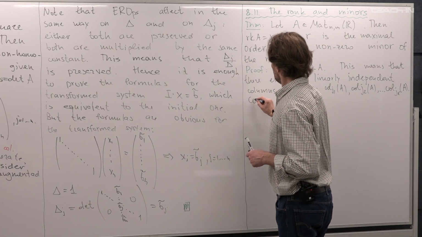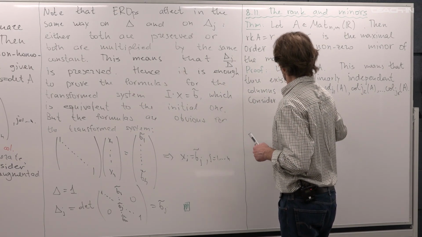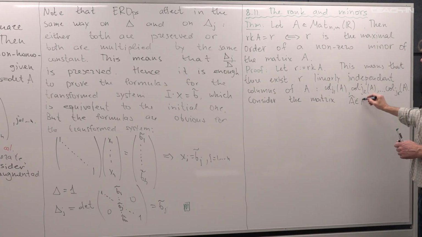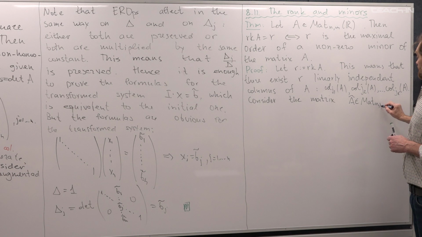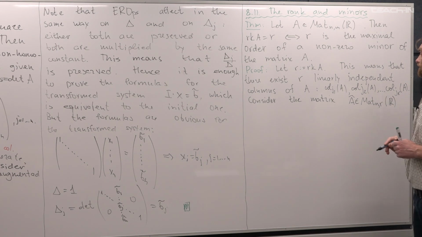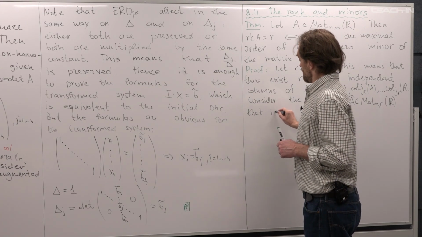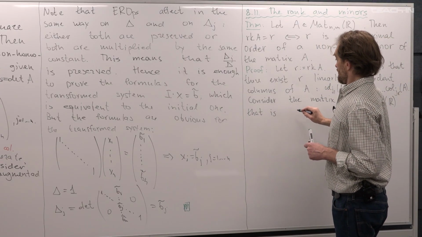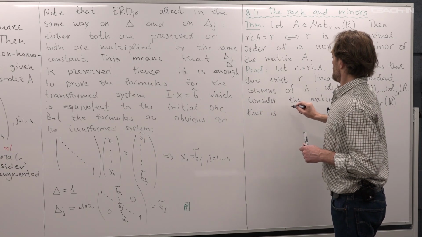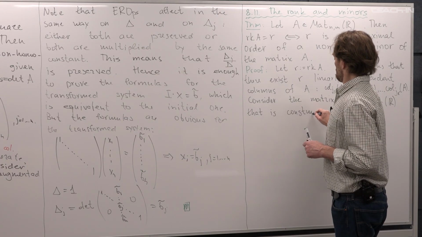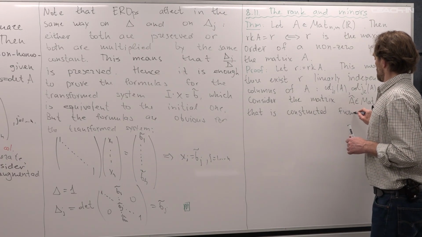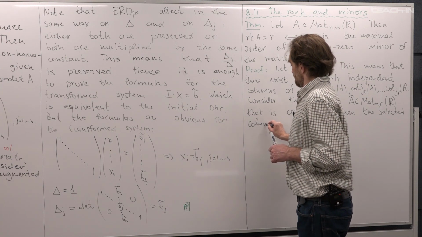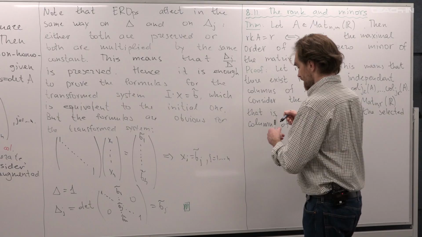Consider the matrix A tilde, which has n rows and r columns, that is constructed from the selected columns of A. So what do I mean?